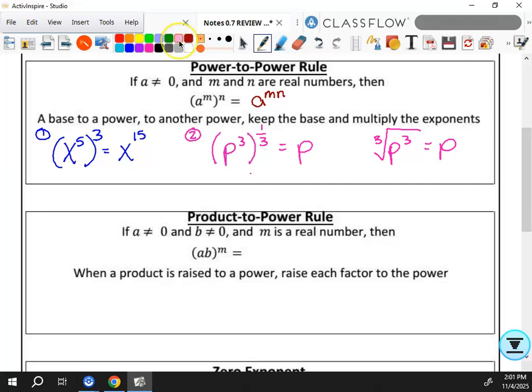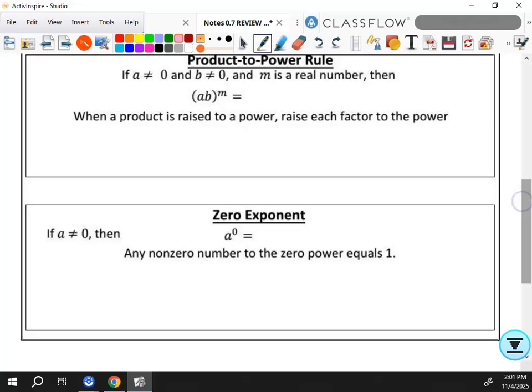Okay, so then product to a power rule. A times b to the m power, I can distribute that exponent and get a to the m times b to the m. I think you're pretty good at that one too. The problem is you get it mixed up and you try to apply it sometimes when it doesn't work, and it would be in something like this.